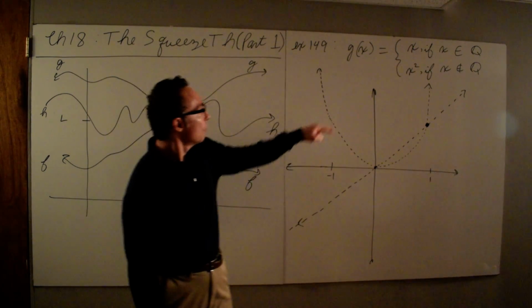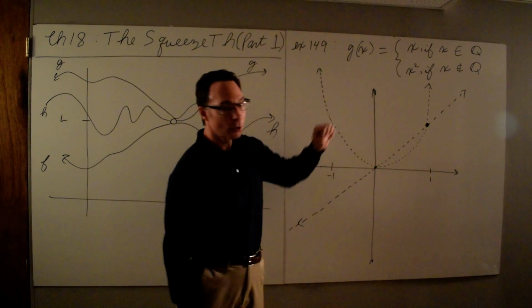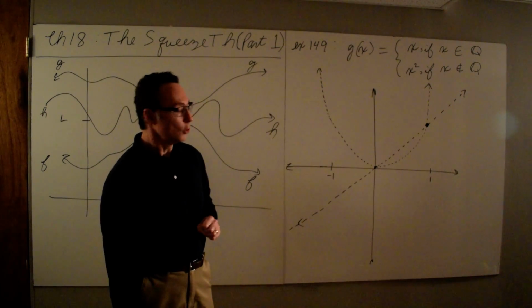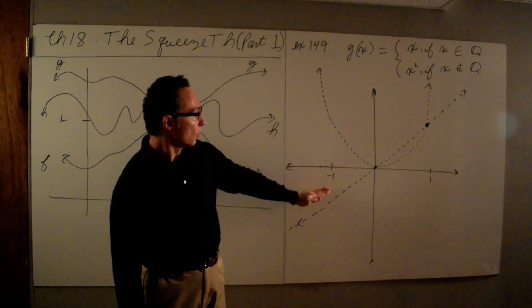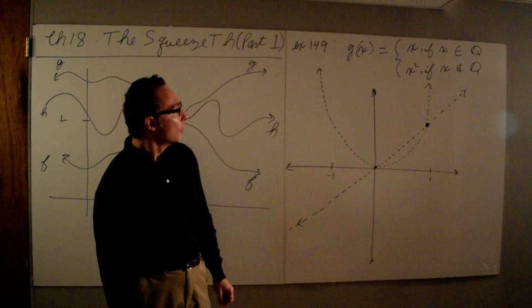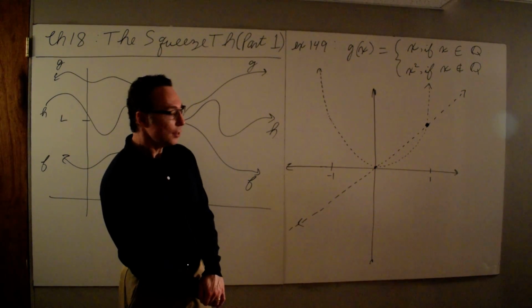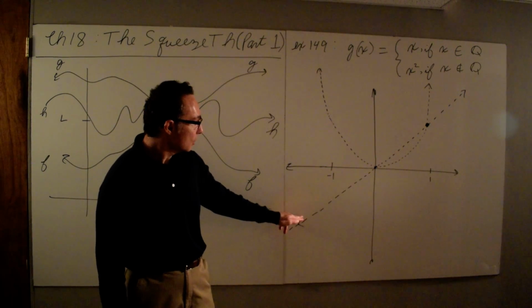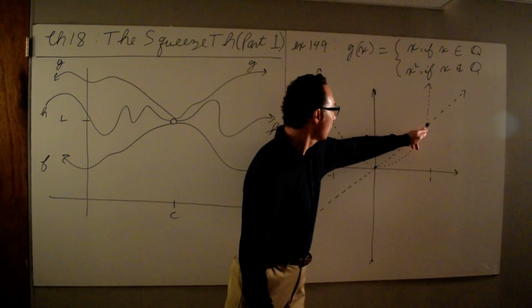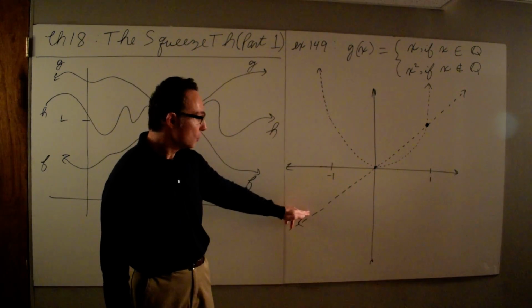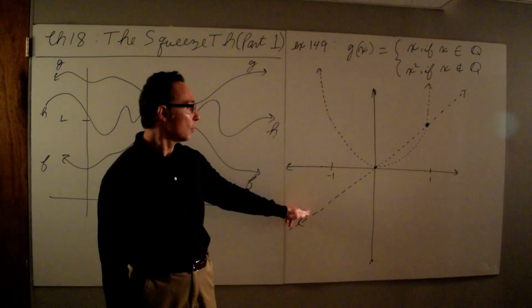That means when you make a piecewise defined function in terms of the rationals and the irrationals, it can jump all over the place, like this one does. And so g of x is x if x is rational, so that's why we have this dotted line. This is the line y equals x right here. So these represent the function values of the rational numbers.